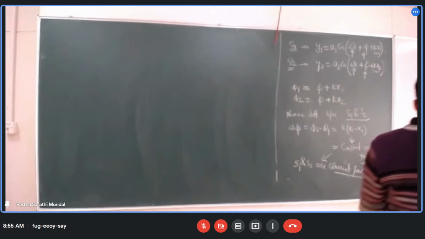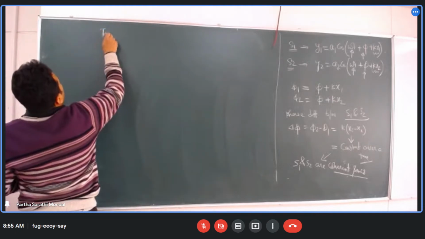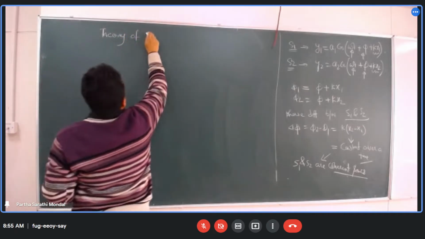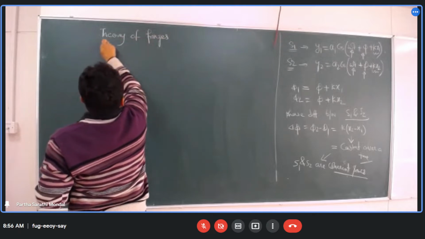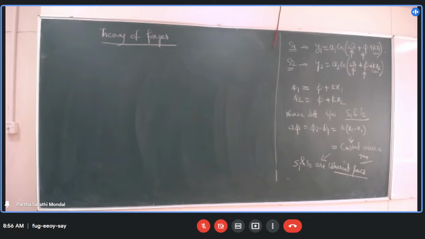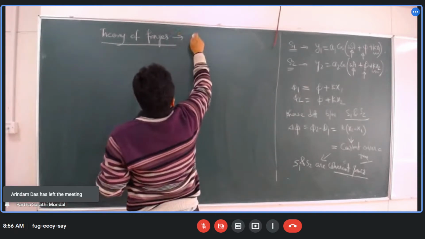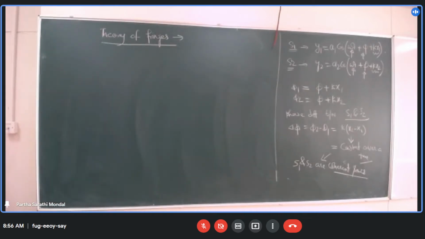Now we can find out the theory of fringes. Theory of fringes is a part of the Young double slit experiment where we will find out how the fringe pattern in the Young double slit experiment looks.